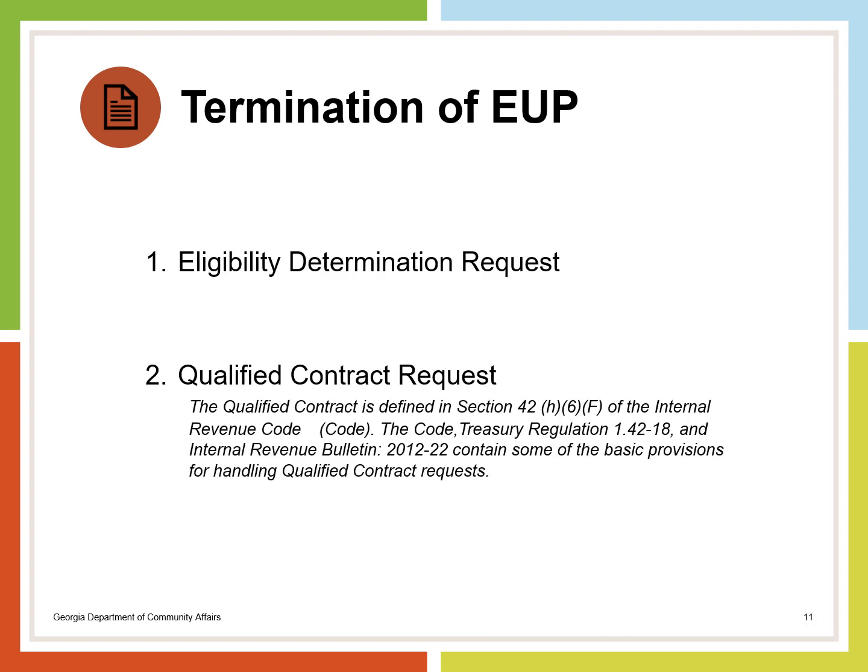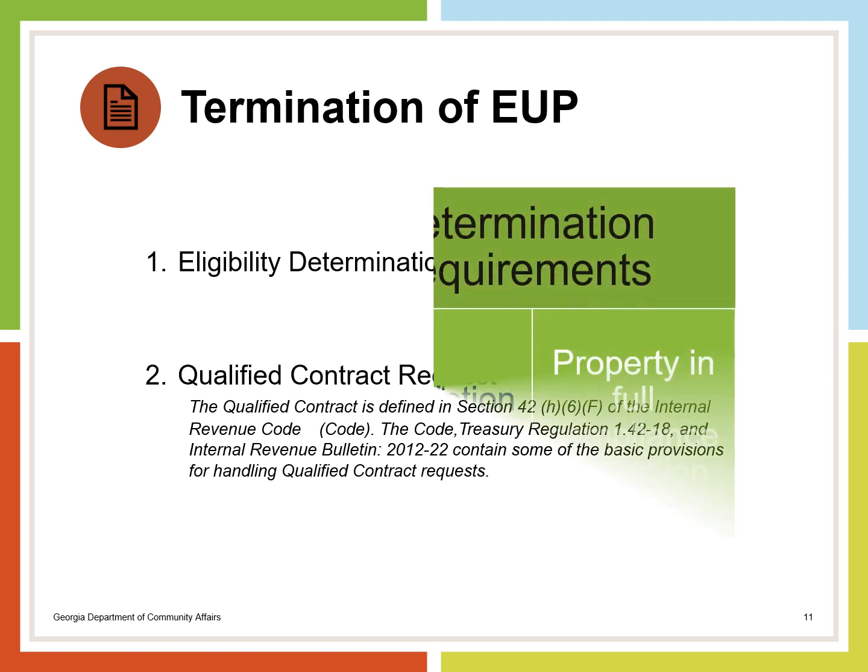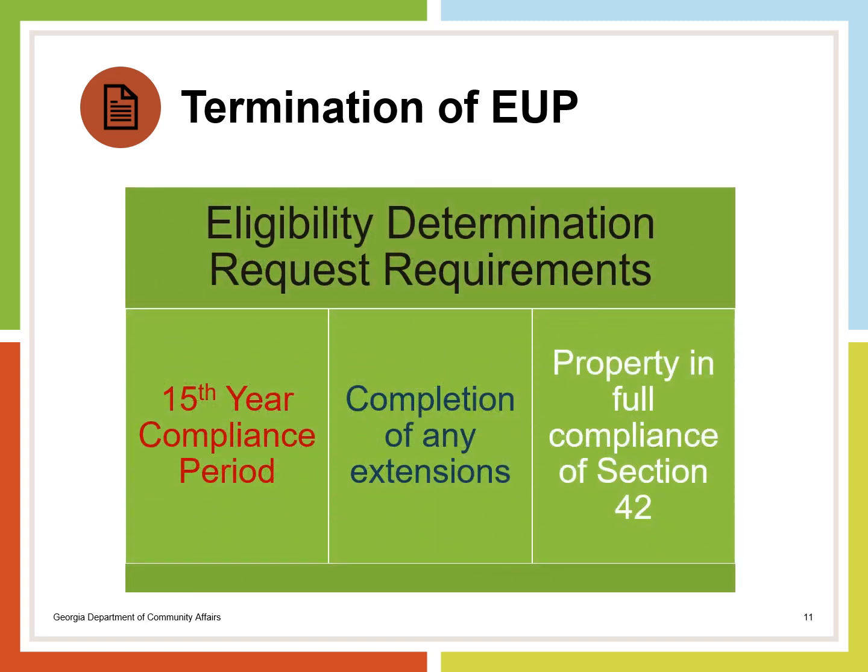As highlighted in a previous slide, willful termination of the EUP requires a qualified contract. To request a qualified contract, an owner must first submit an eligibility request. These are DCA/GHFA general policies for qualified contract requests for eligible properties. Properties are not eligible to submit an eligibility determination request until all of the following requirements have been met. First, the commencement of the 15th year of the compliance period for all buildings in the property.